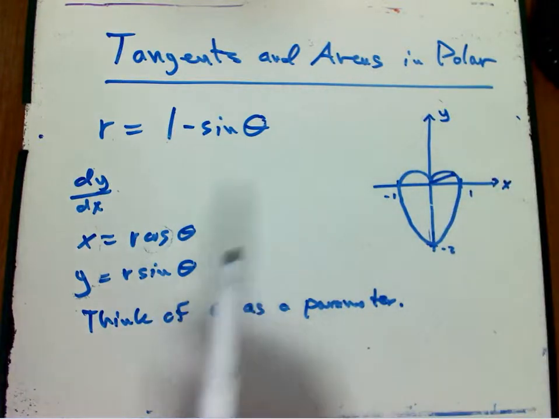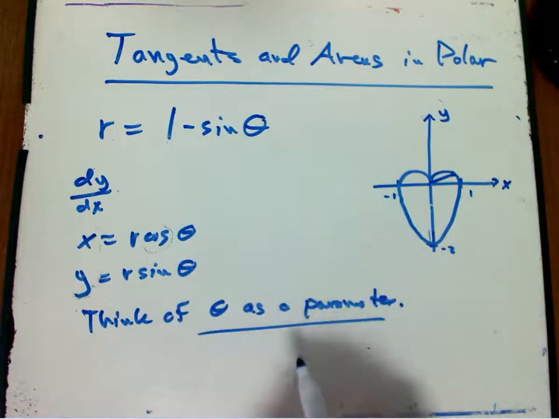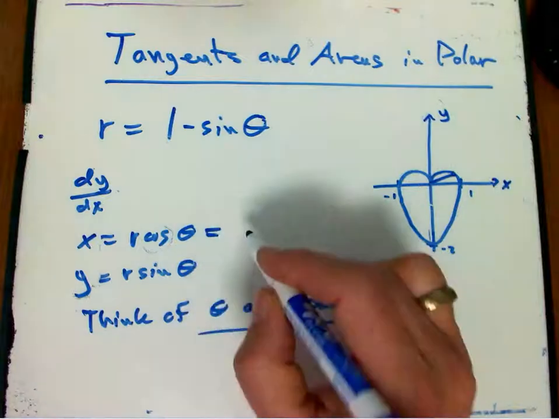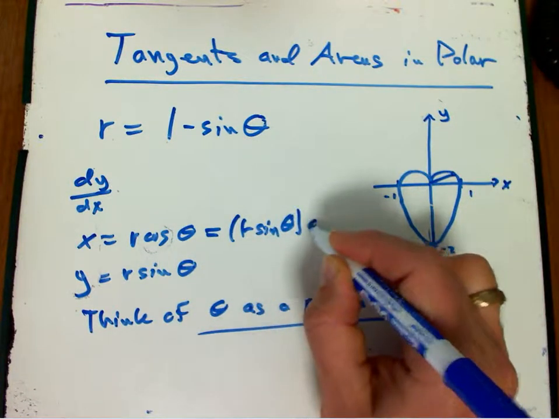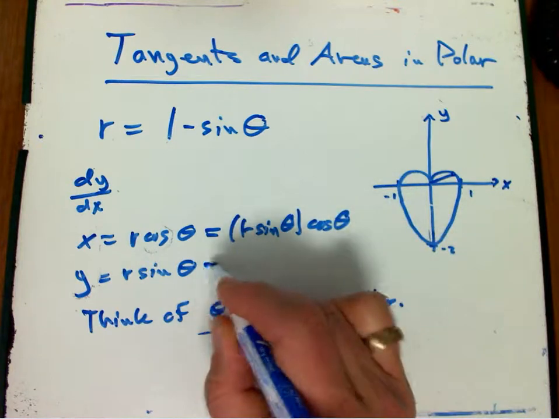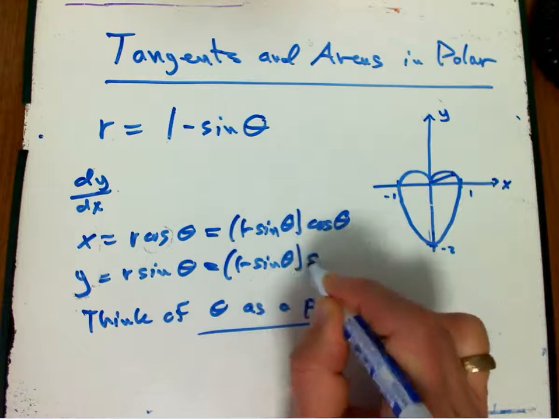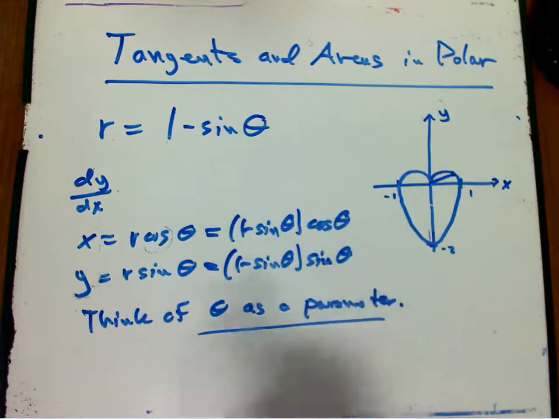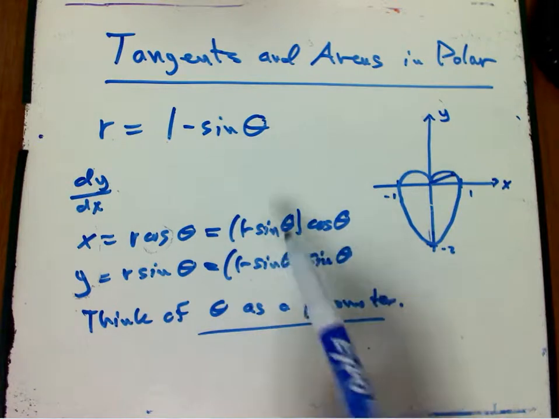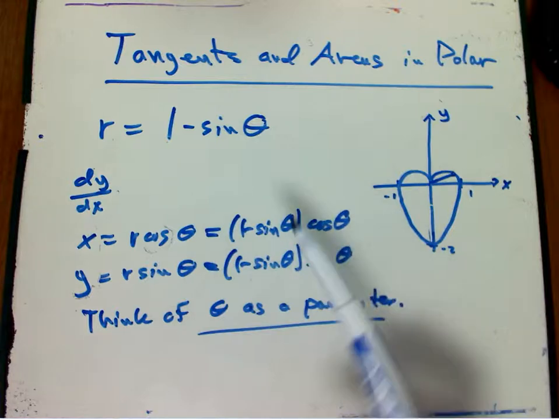But one trick you can use sometimes, and here's a good place to do it, is just to think of it as a certain parametrized curve. So in particular, x here is going to be (1 minus sine theta) times cosine theta, and y is (1 minus sine theta) times sine theta. If you just do that and treat it as parameterized, then you're going to be good for this particular kind of question, anything about tangent lines, as long as you're good with the parameterized story.